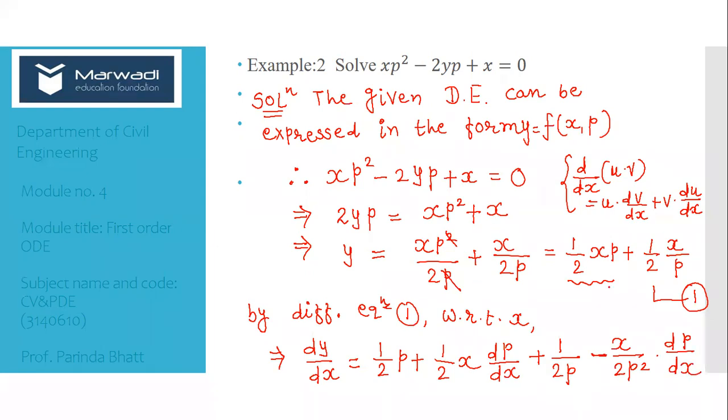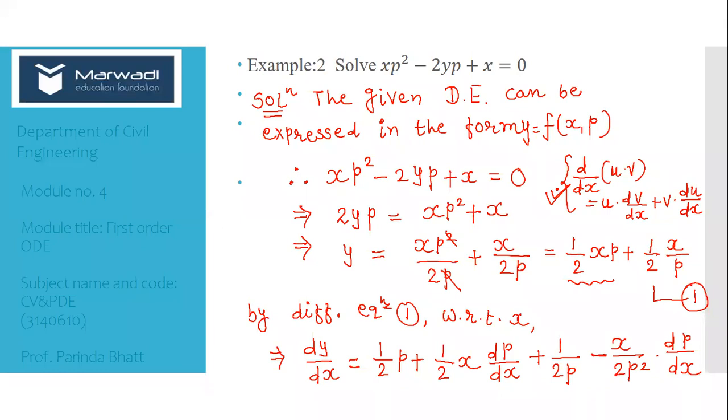I repeat it again. In both the terms, apply the multiplication rule for differentiation. X and p in the multiplication, and here x and 1 by p in the multiplication. Here 1 by 2 as it is, x derivative 1, p as it is. Then 1 by 2 as it is, x as it is, derivative of p, that is dp by dx.